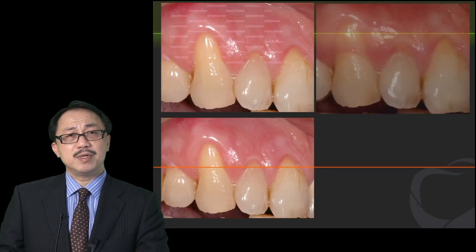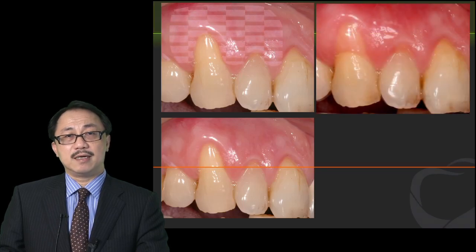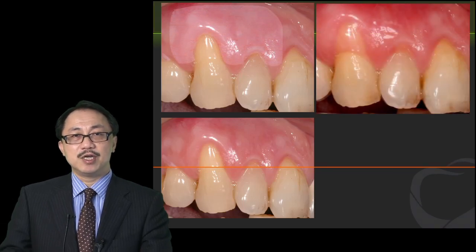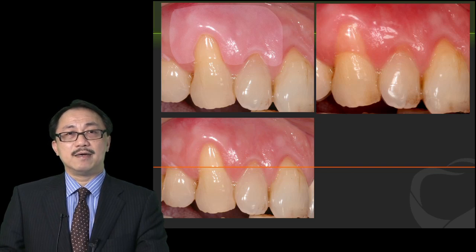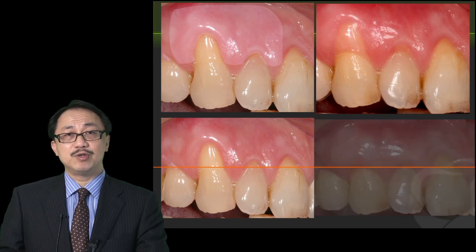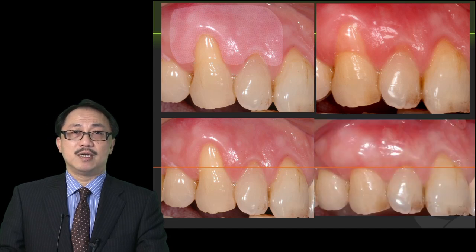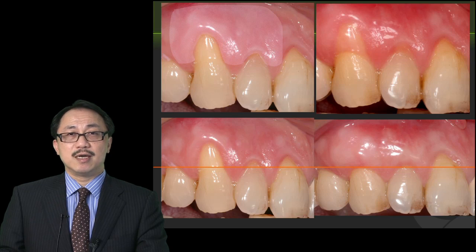Now, for number 11 and for number 6 and 7, we performed a tunnel procedure without making any verticals, and we can allow the graft tissue to be exposed on the denuded root surfaces and still achieve 100% root coverage.